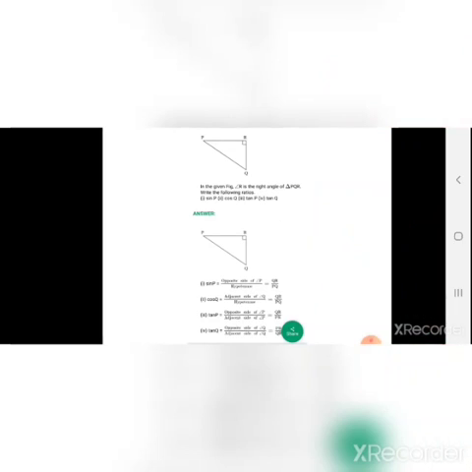So, sin P will be opposite side of angle P upon hypotenuse, that is QR upon PQ.